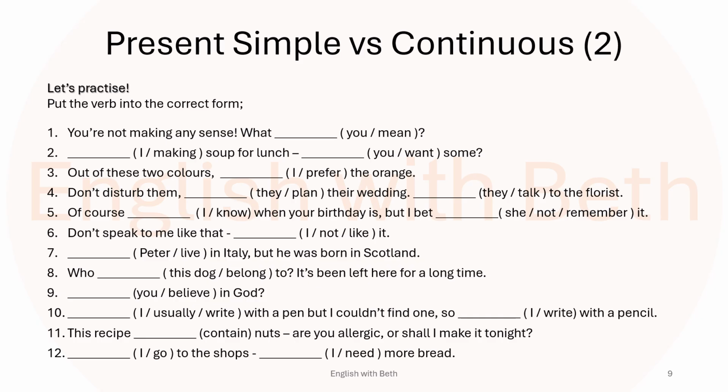You will need to put the verbs either into present continuous or present simple tense. Remember, if you need help, you can always go back to previous lines. If you have pen and paper, I suggest writing the sentences down because it will help you to remember. Pause the video now and have a go.